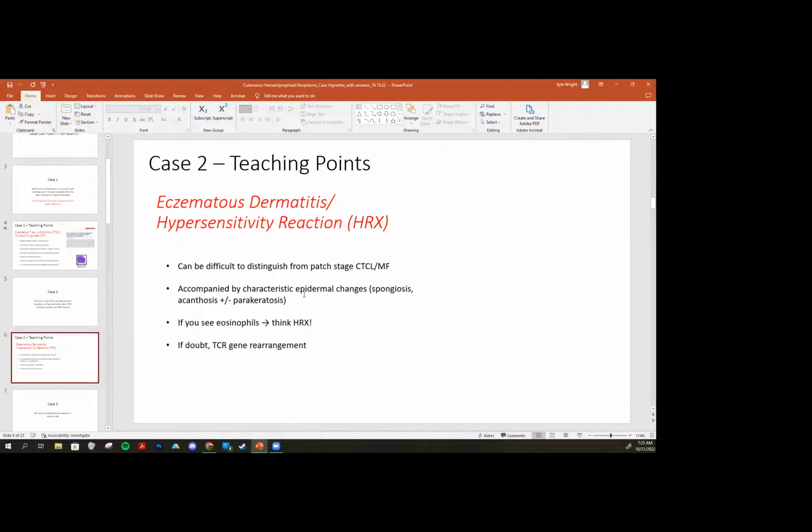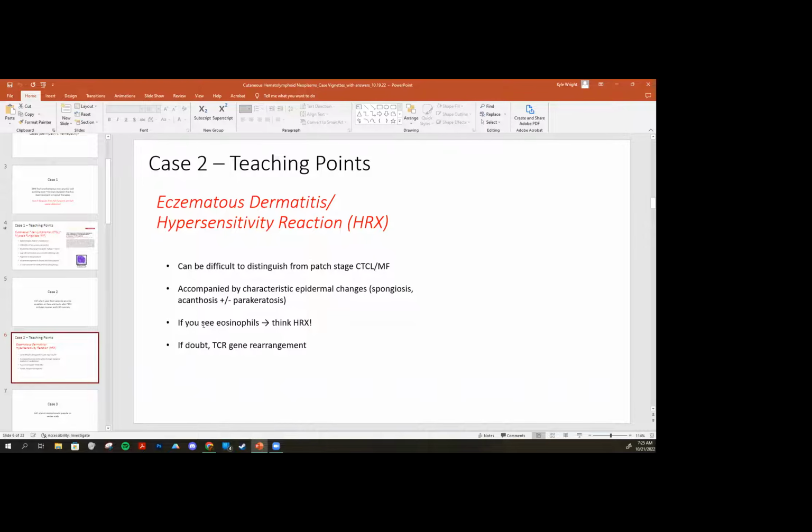You saw that there is some morphologic overlap, but what you should point out to distinguish these things is a couple fold. One, eczematous dermatitis is usually associated with these characteristic epidermal changes that we pointed out, the spongiosis, acanthosis, plus or minus parakeratosis, which you typically don't see as much of in CTCL, especially at the early stages.